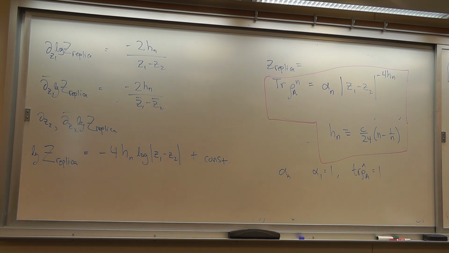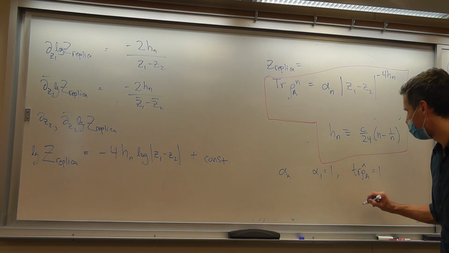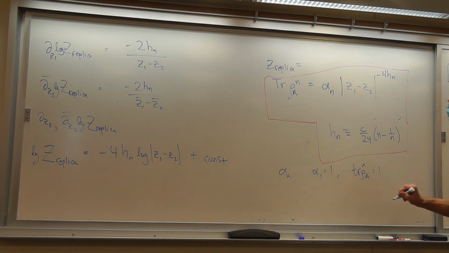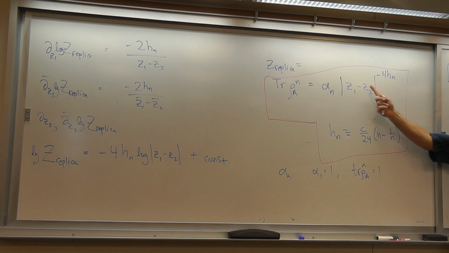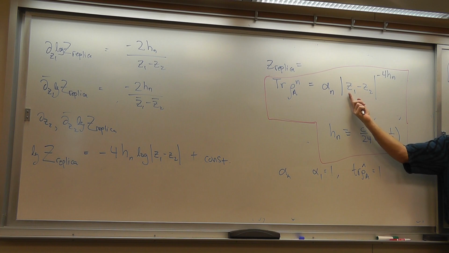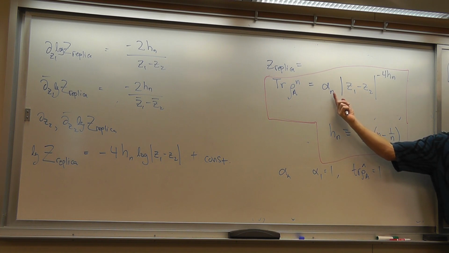Wait, how did I get that? Well, hn is 0 for n equal to 1, so this term drops out. And so you get 1.